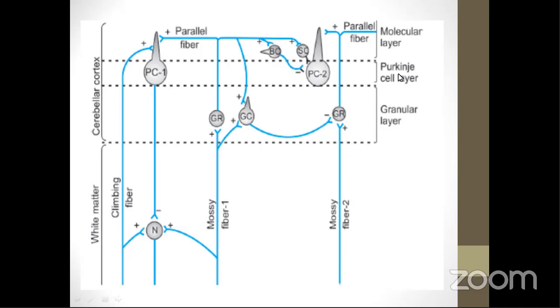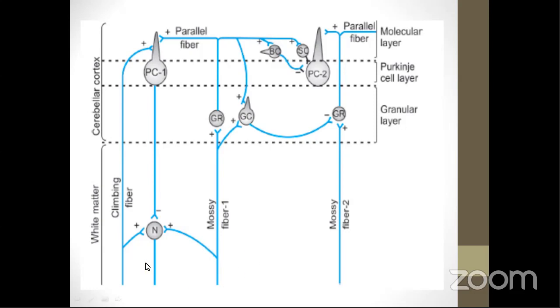Coming to the Purkinje cell layer, it has only the Purkinje cells. In the molecular layer, there are the stellate cells, the basket cells, and along with that, you can also see the parallel fibers. So this is how the neuronal cells are arranged in the cerebellum.